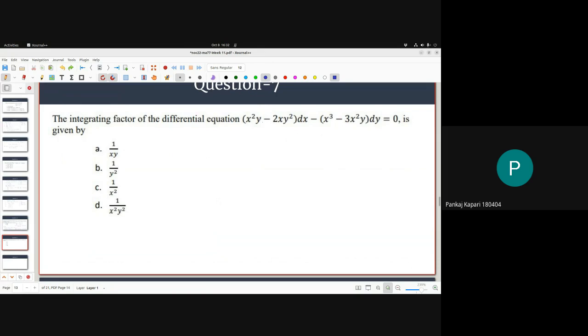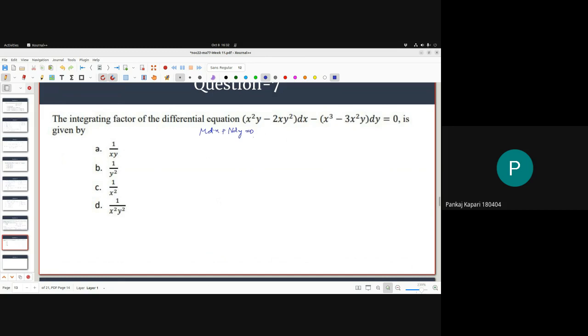Okay, so what is an integrating factor? If a given differential equation is not exact, and if we multiply the given differential equation by some function so that it becomes exact, then that function we call the integrating factor.